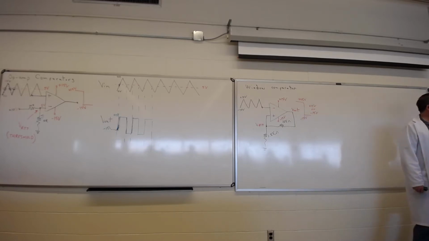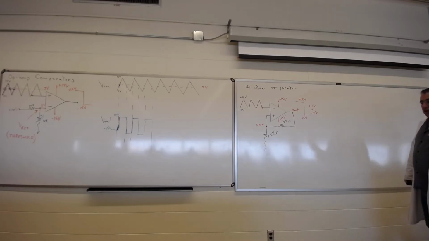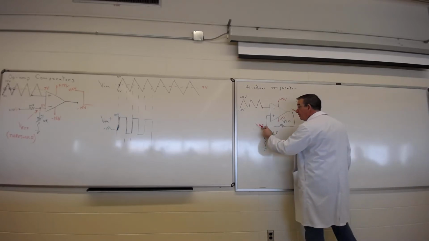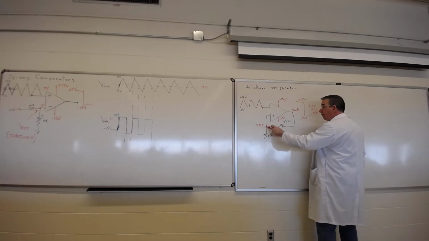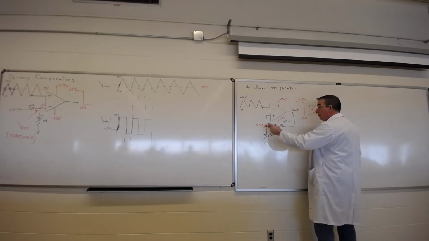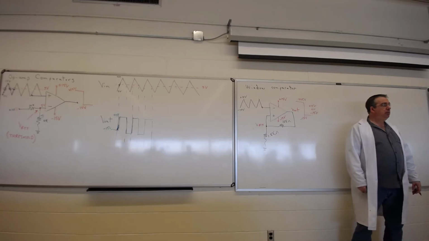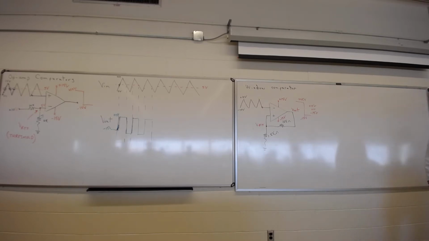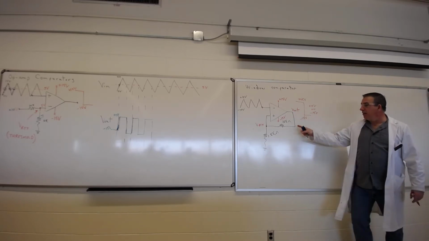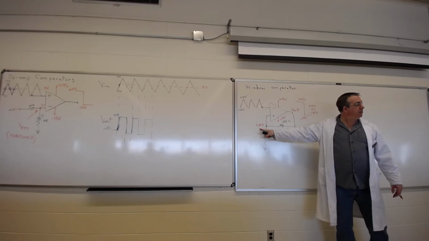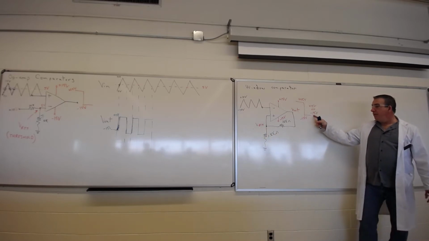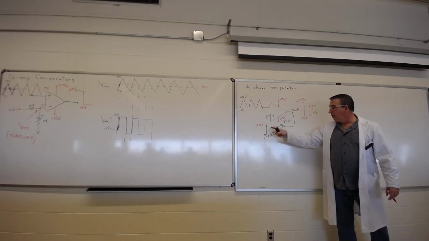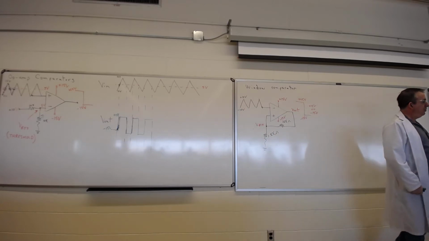It's going to be one of two states. Which means that V reference, which is in the middle of our voltage divider, can have two values now. It all depends. If you've got plus 15, you're going to have a positive reference voltage. If you've got negative 15, well, current changes direction, you're going to have a negative reference voltage.